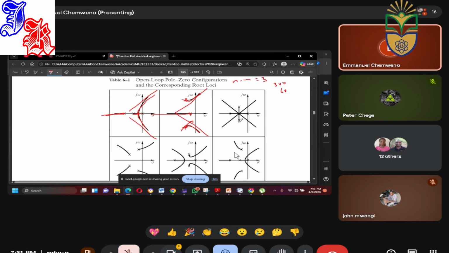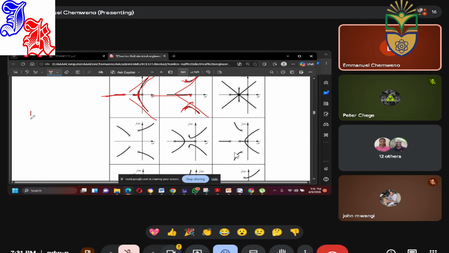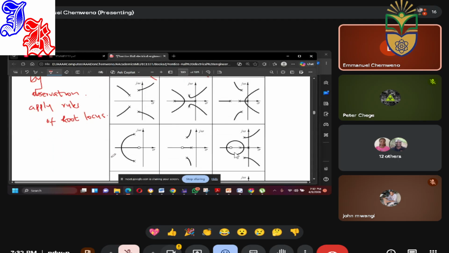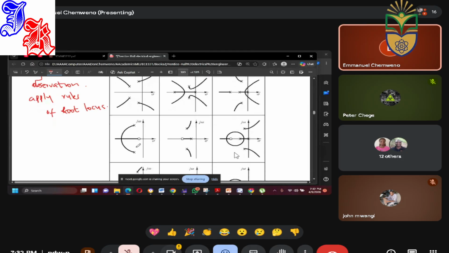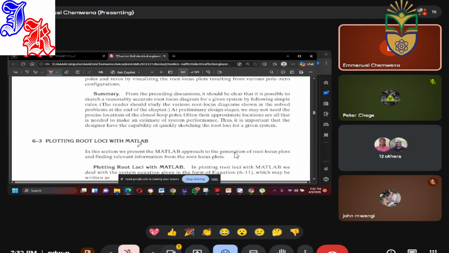So basically, just by observation, you can apply rules of root locus. This is just what you have just seen in a short while. I think you have seen all this.